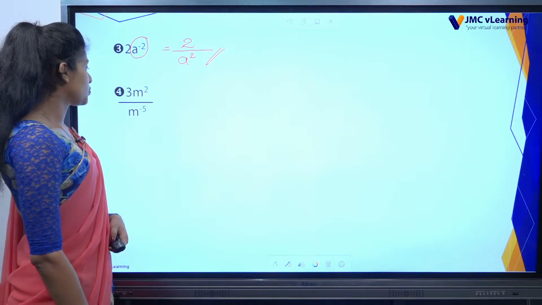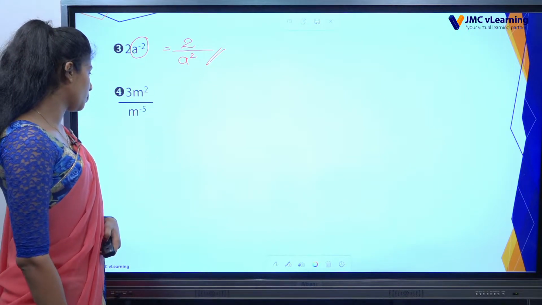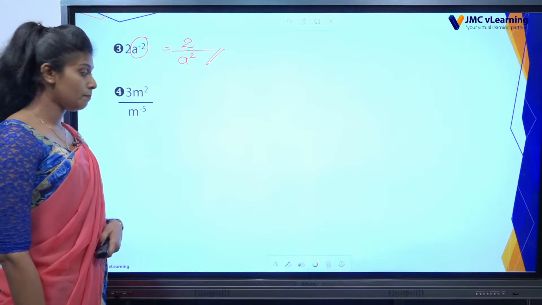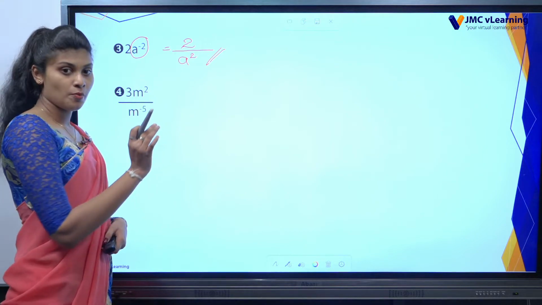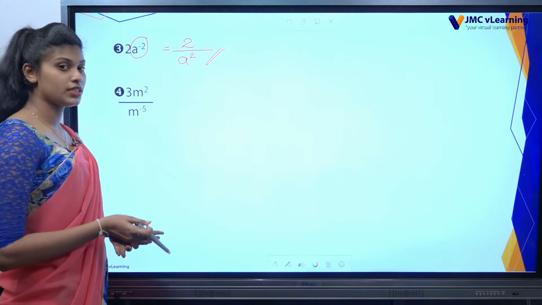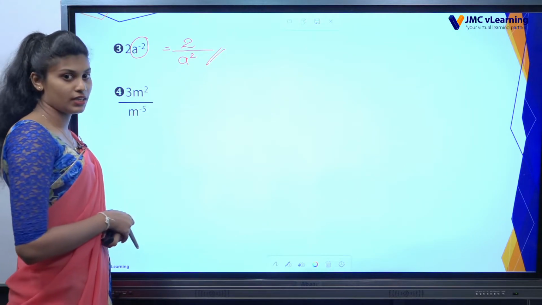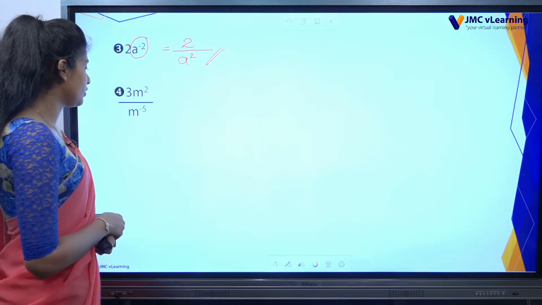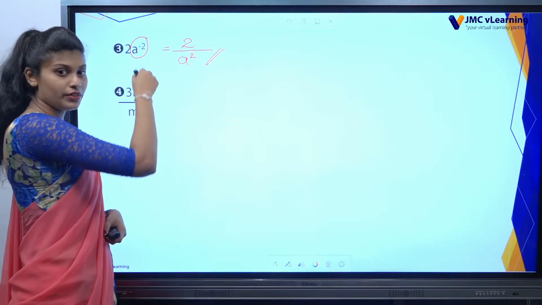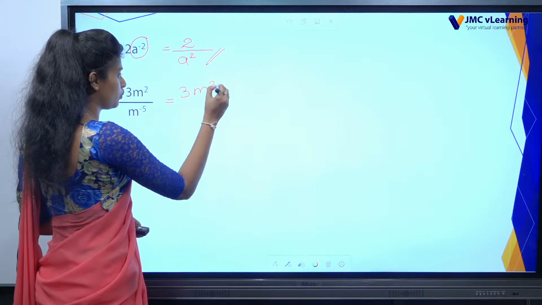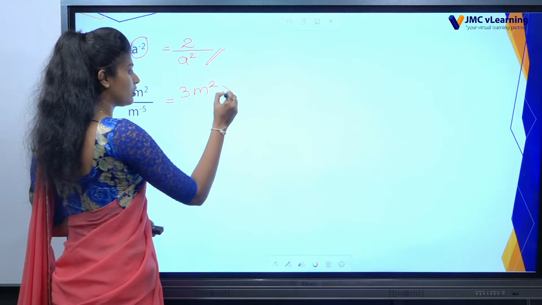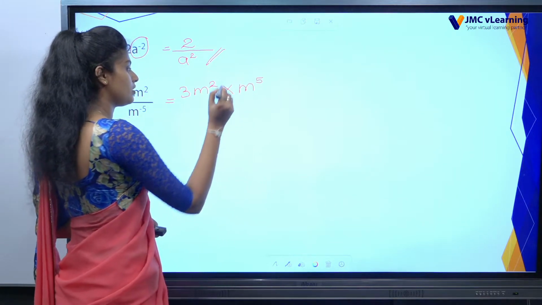Then 3m to the power 2 divide m to the power minus 5. Here this one is a positive index, so no need to change that part. Here minus 5. So what do you have to do? This minus part you have to take to above. That means 3m to the power 2, and when you take it above, m to the power 5.